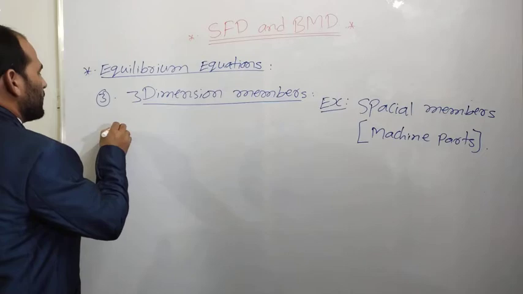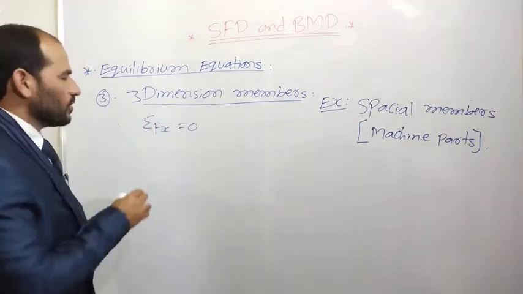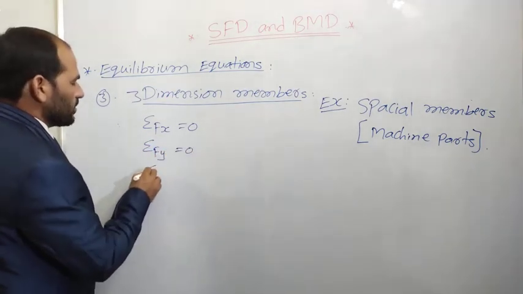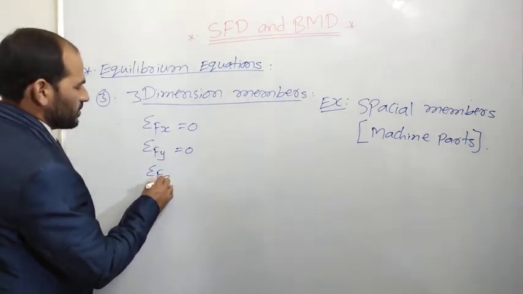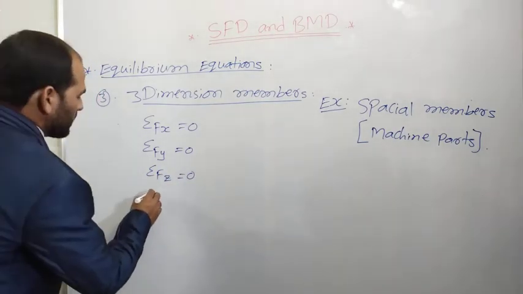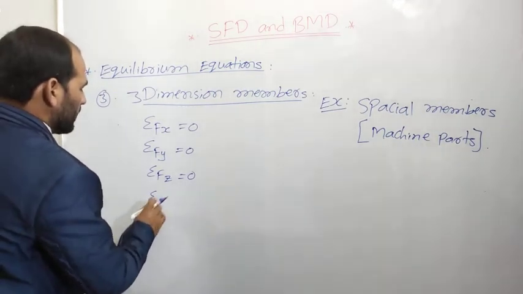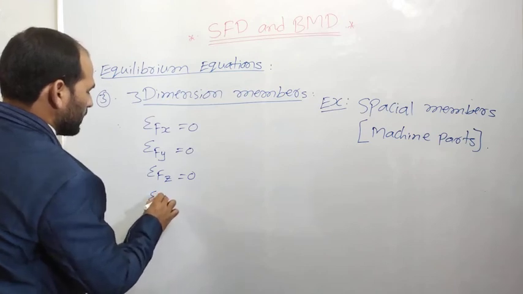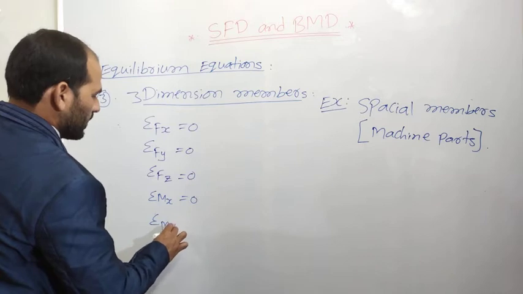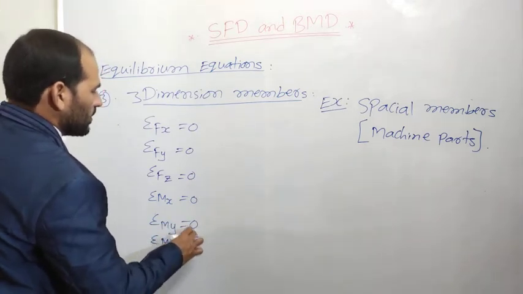Therefore, the summation of forces along x, y and z directions is 0, and the summation of moment, not forces here, the summation of moment along the x, y and z directions is 0.